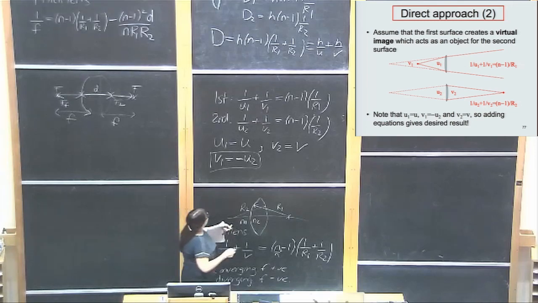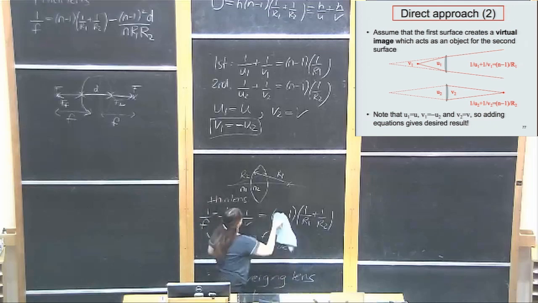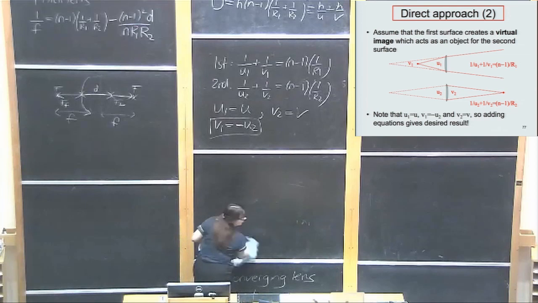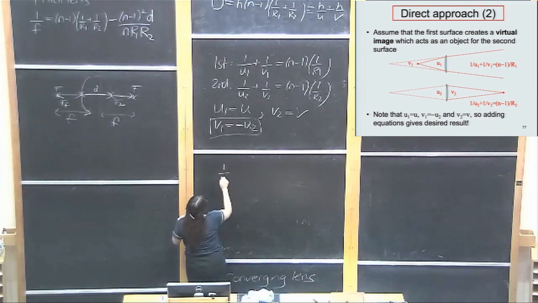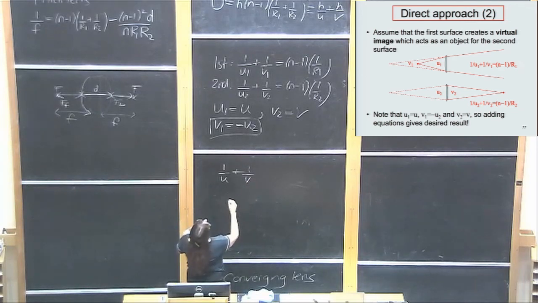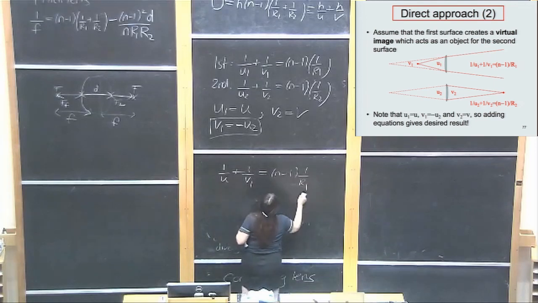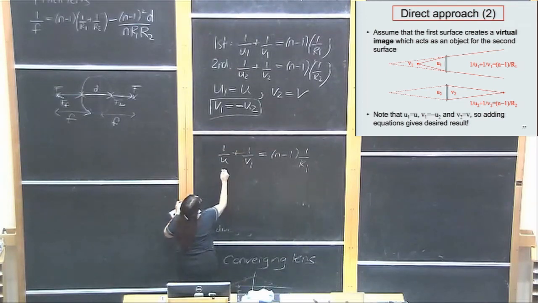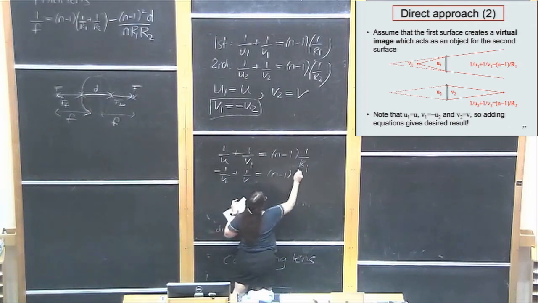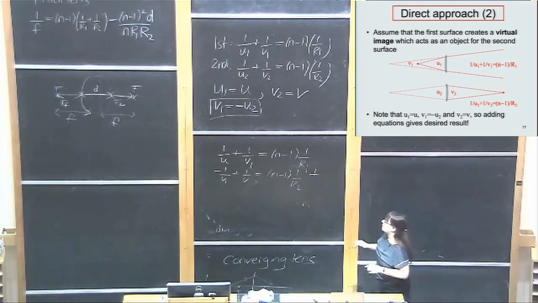Yeah, so that's fine. And then if you stick all of that together, for your first lens, you end up with 1/u plus 1/v1 equals (n minus 1) over R1, and then minus 1/v1 plus 1/v equals (n minus 1) over R2, and you add them together and hopefully you can see you're going to again recover the full lens equation as we know it.